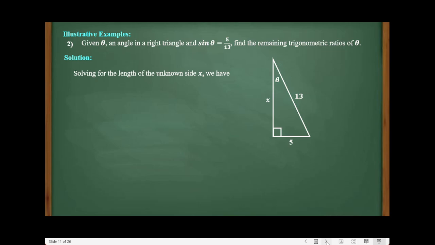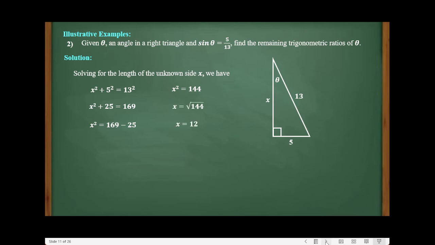Solving for the length of the unknown side denoted by x. Again, this is the Pythagorean theorem. The sum of the squares of the two legs, that is x squared plus 5 squared, is equal to the square of the hypotenuse, so that is 13 squared. Now, solving for x from this resulting equation, we have the following steps of solution.